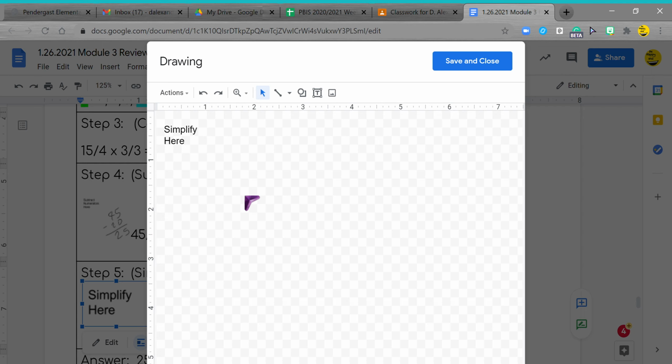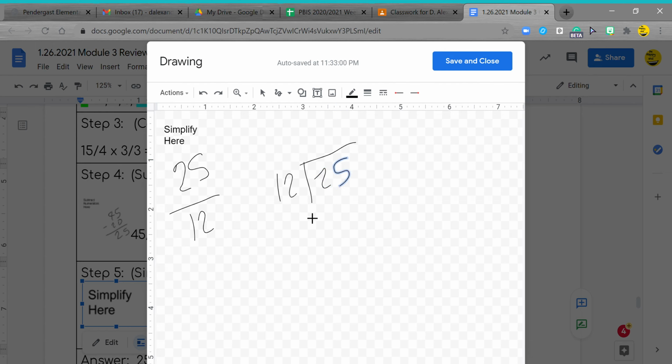So I'm going to quick change this. 25 over 12: my denominator is my divisor, my numerator is my dividend. I'm going to quick write my multiples of 12: 12, 24, 36.